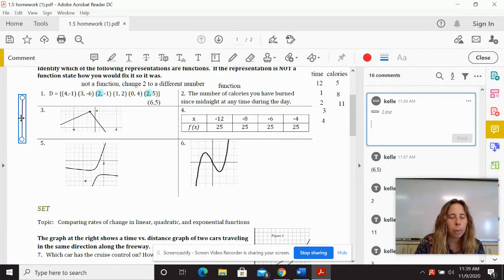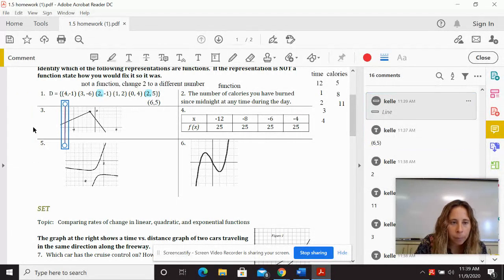Okay. So remember, if you're given a graph, you don't have to, but you can use the vertical line test. So to be a function, it can only intersect my graph at one point. So as I drag this line along, if it only intersects it at one point, we're good. So like there, bam. We're only intersecting it at one time.